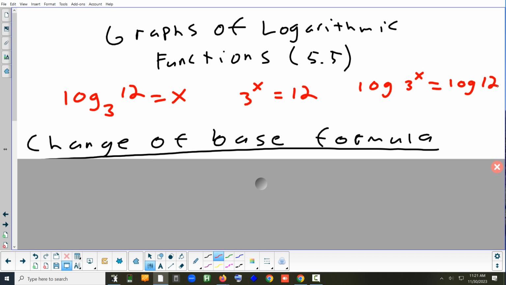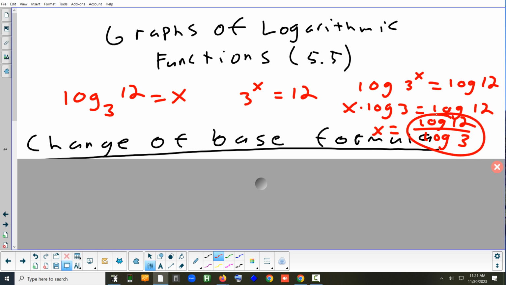Now, because you've got the log, what can you do with the x? Right, you can put it in front as multiplication. And then how would you get the log 3 on the other side? Divide both sides by log 3. So what you end up with is log 12 divided by log 3.